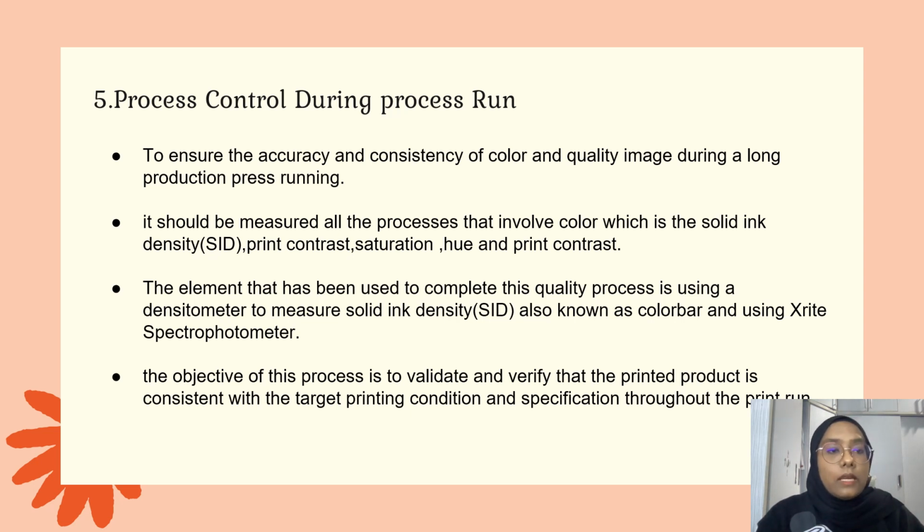The element that has been used to complete this quality process is using a densitometer to measure solid ink density, also known as the color bar, and using the spectrophotometer. The objective of this process is to validate and verify that the printed product is consistent with the target printing condition and specification throughout the print run.